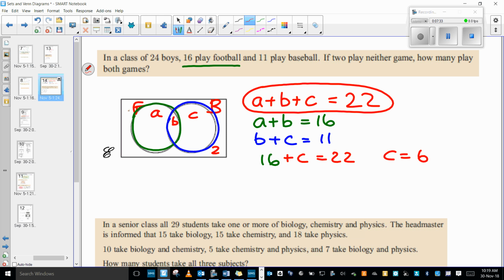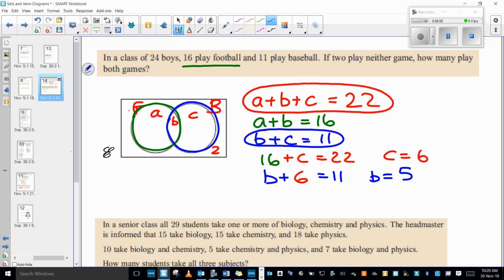Well, and if I know that C is 6, I can now stick that into this one here and say that B plus, sorry, B and my 6s are pretty similar, equals 11. And so B would be 5. Sorry, B is 5.